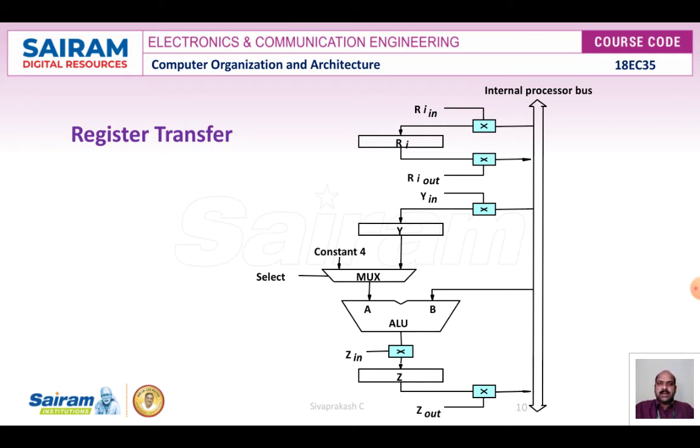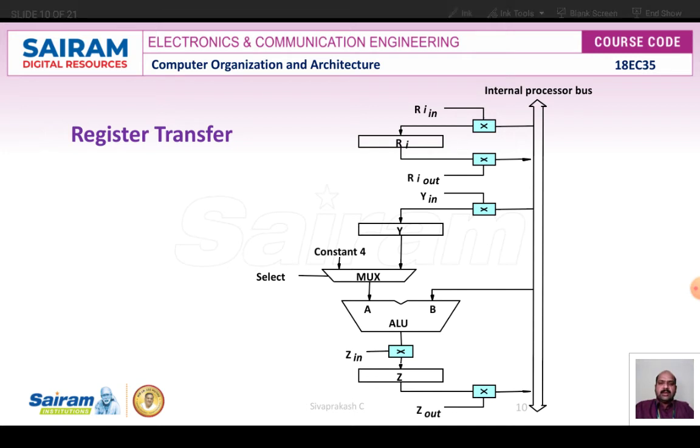This is symbolically represented in this figure. The input and output of register Ri, Ri in and Ri out, are connected to the bus via two switches, which are controlled by the Ri in signal and Ri out signal respectively.